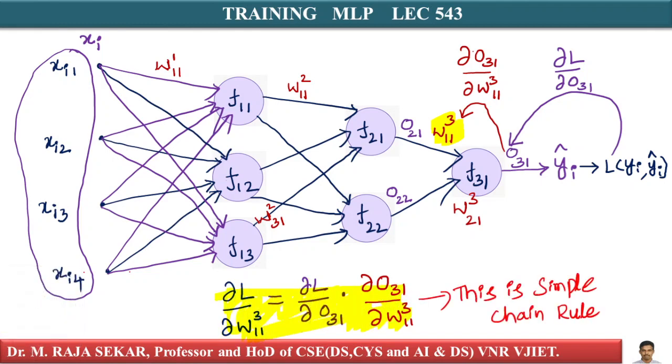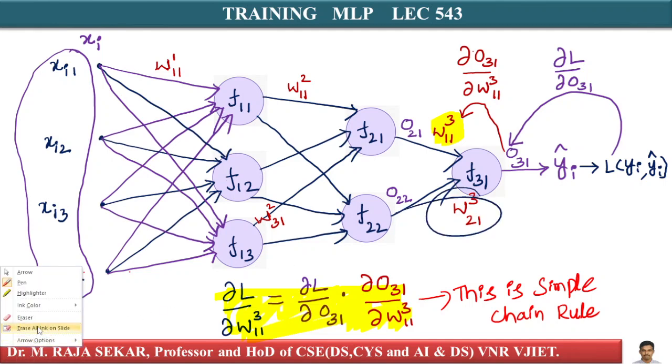Now let's go back. We completed the partial derivative of L with respect to W311. Now we will try to calculate the partial derivative of L with respect to this particular thing. Which one? With respect to W321, isn't it? Yes.